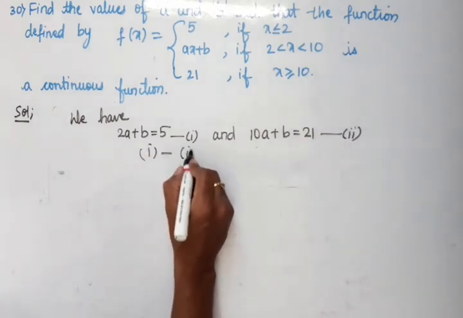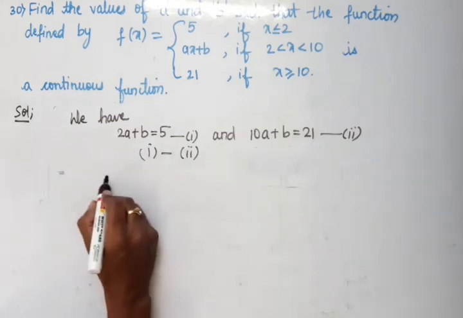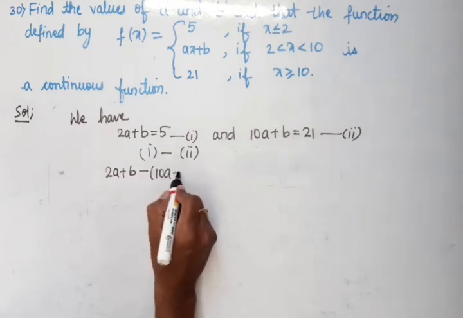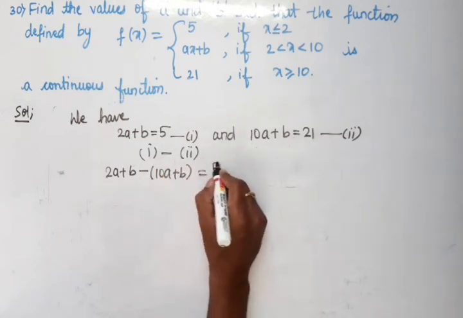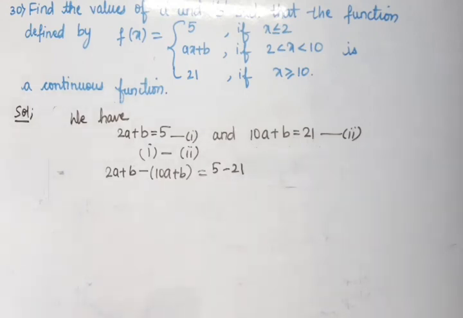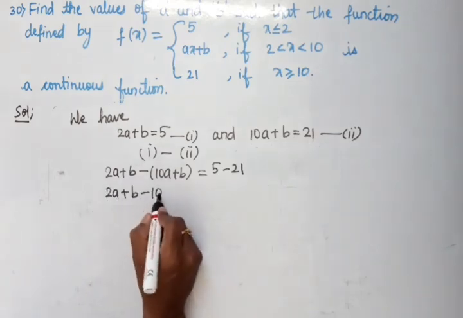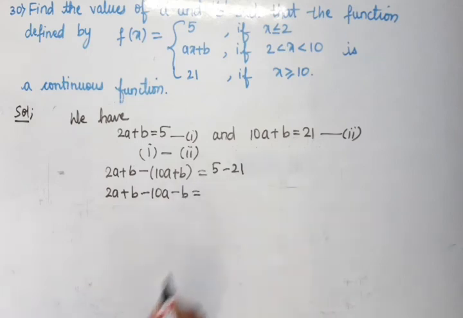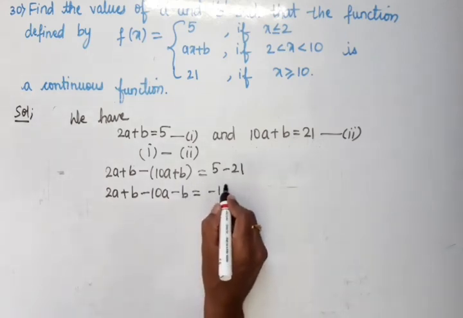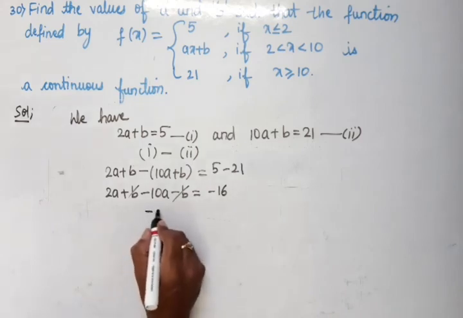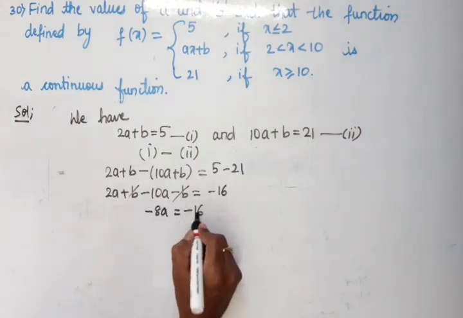Subtract 2 from 1: 2a plus b minus 10a minus b is equal to 5 minus 21, which is minus 16. Here b cancels, leaving minus 8a is equal to minus 16.